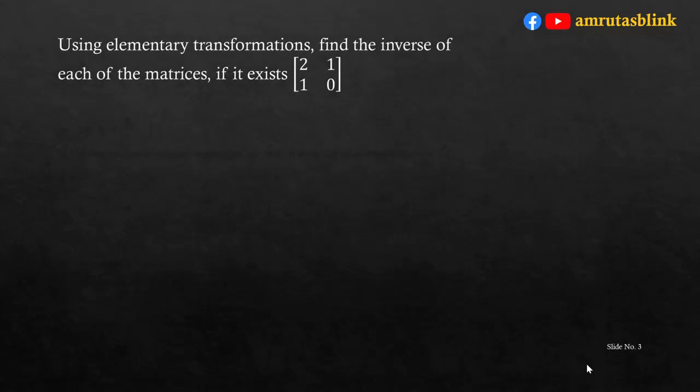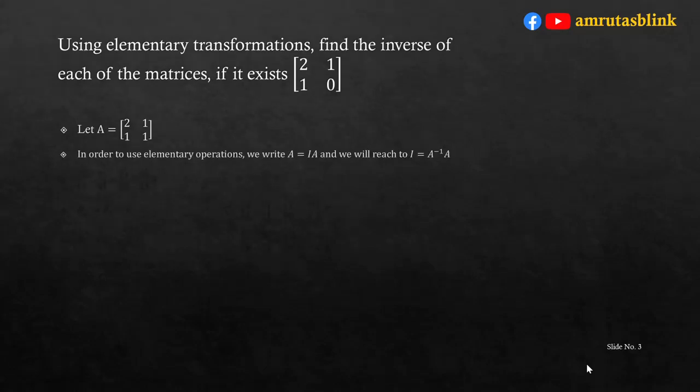Using elementary transformations, find the inverse of each of the matrices if it exists: 2, 1, 1 and 0. Now, let A be equal to the given matrix, that is 2, 1, 1 and 0. In order to use elementary operations, we write A equals I into A, where I is the identity matrix.